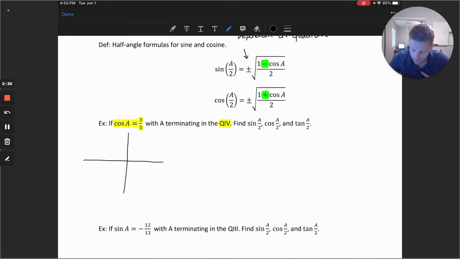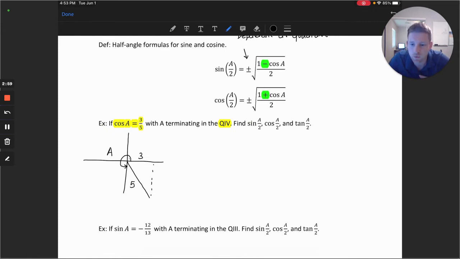So if we are in the fourth quadrant and we have a cosine of 3 over 5, that would have an adjacent side of 3, hypotenuse of 5 for that A angle.